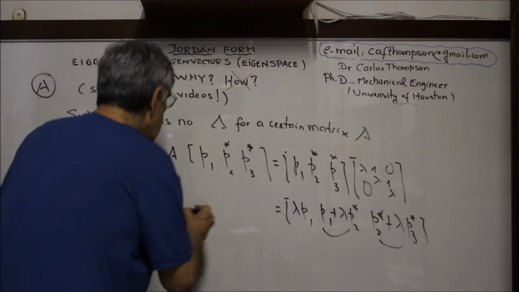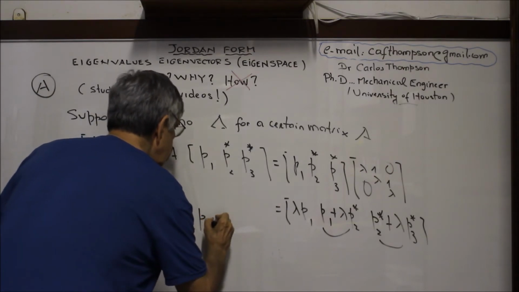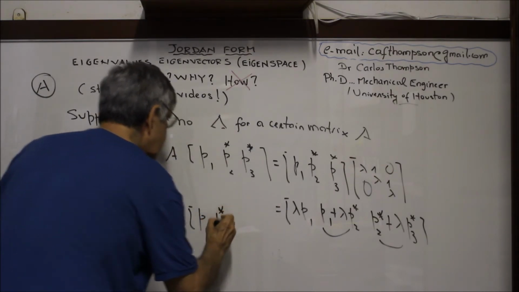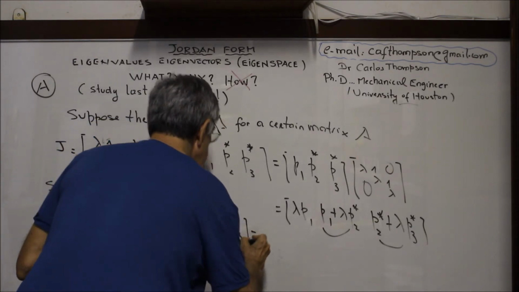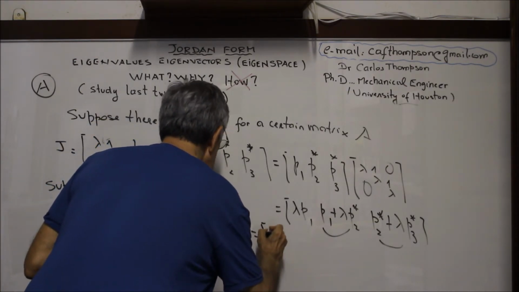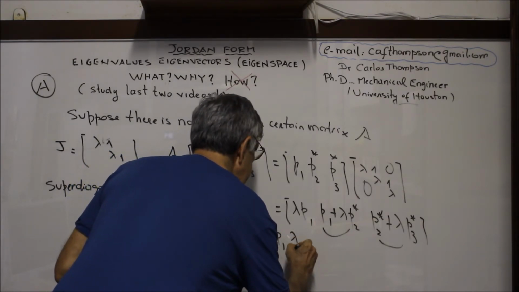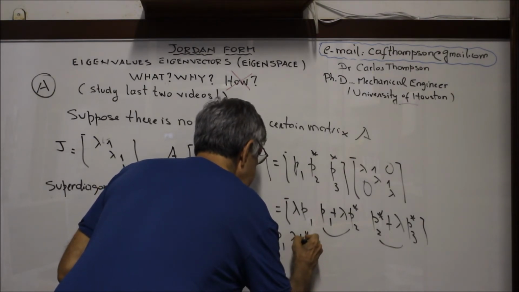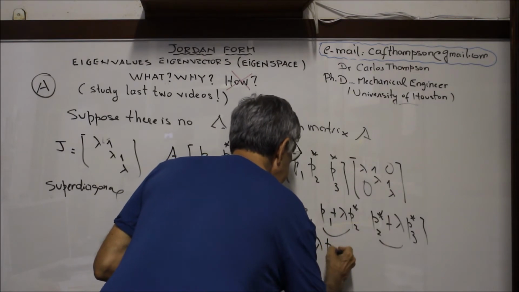Now, suppose Jordan, put here P1, P2 asterisk, and P3. This is equal to lambda P1, lambda P2 asterisk, and lambda P3.